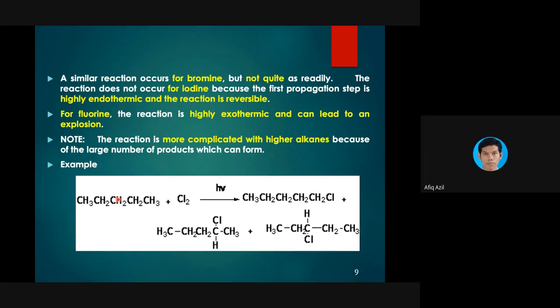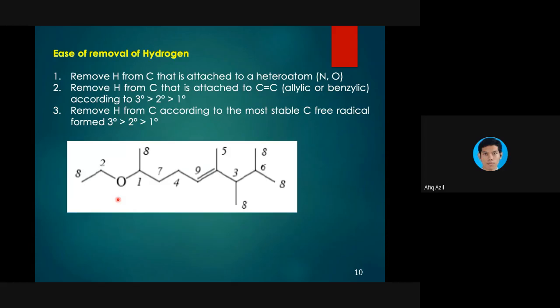There is actually a rule on which hydrogen you must select first. Here we have the ease of removal of hydrogen, meaning which hydrogen can be easily removed first by the chlorine free radical just now. So we just have to follow these rules. The first one states to remove hydrogen from carbon that is attached to a heteroatom.